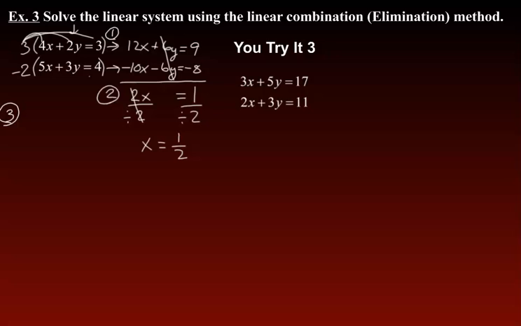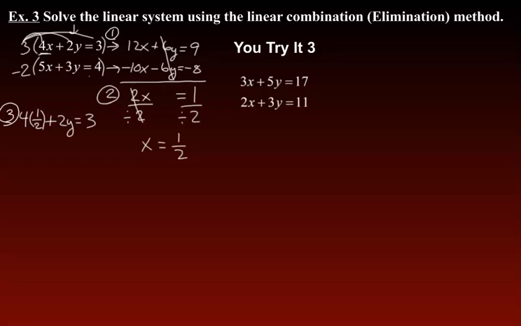Since the top equation has 4 and 4 is even, that's going to make my life easier. The second equation has 5, and that's odd, and that's going to make things a little more difficult. So I want easy, so I'm going to take 4 times 1/2 plus 2y equals 3.